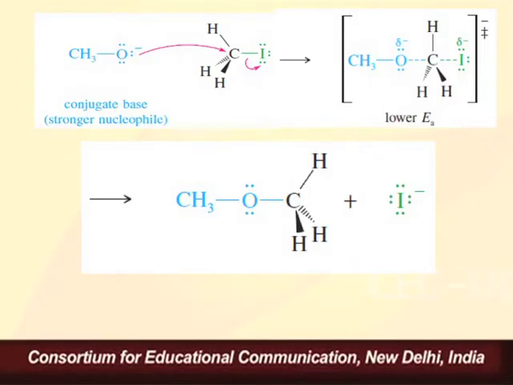That is, when methoxide ion, which is a conjugate base of methanol, reacts with methyl iodide, it forms a transition state. And this is where you have to note that in the transition state, the negative charge is shared by the oxygen of the methoxide ion and the iodide ion, which is the leaving group.